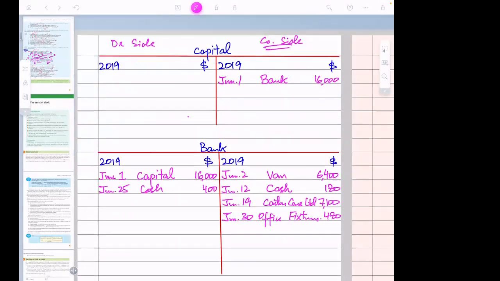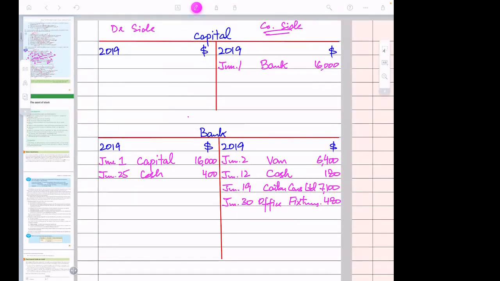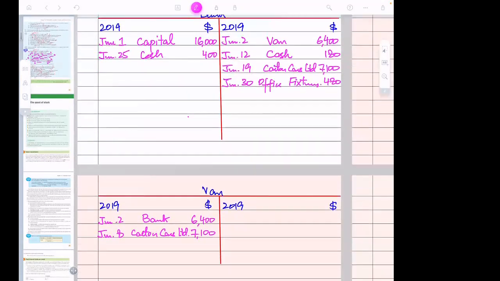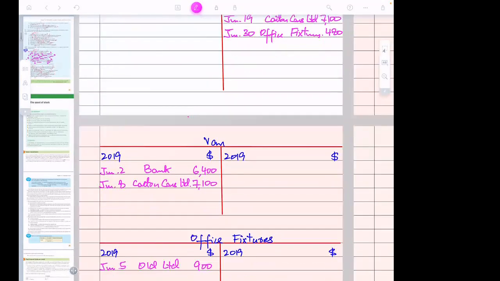So can anybody please share the screenshot on the group? Number one. Quickly, beta. Somebody please share the screenshot. Thank you, Danish. Quickly, beta.